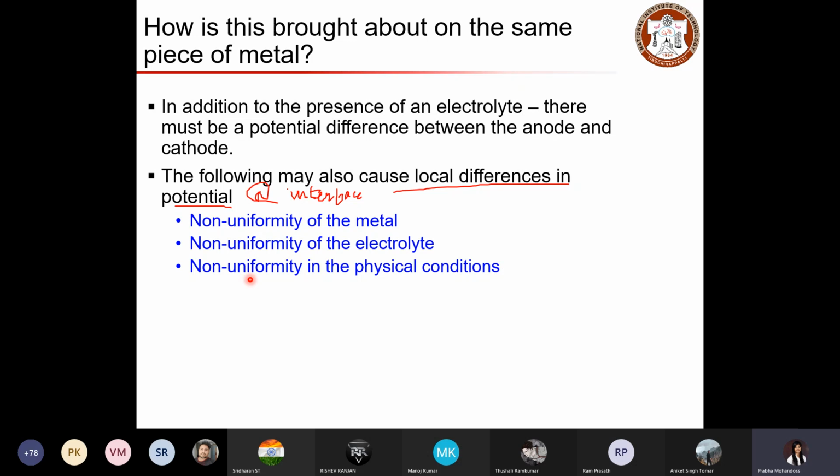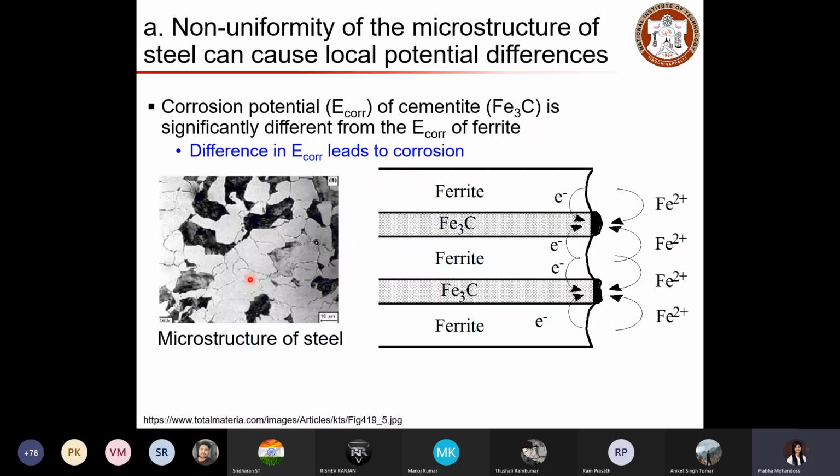So let us look at each case in detail, how this will lead to the formation of potential difference. Here is the first case, when you have non-uniformity of the microstructure of steel, which could cause a local potential difference. When I say non-uniformity of the microstructure, this indicates the composition or the different elements that you use during the manufacturing process.